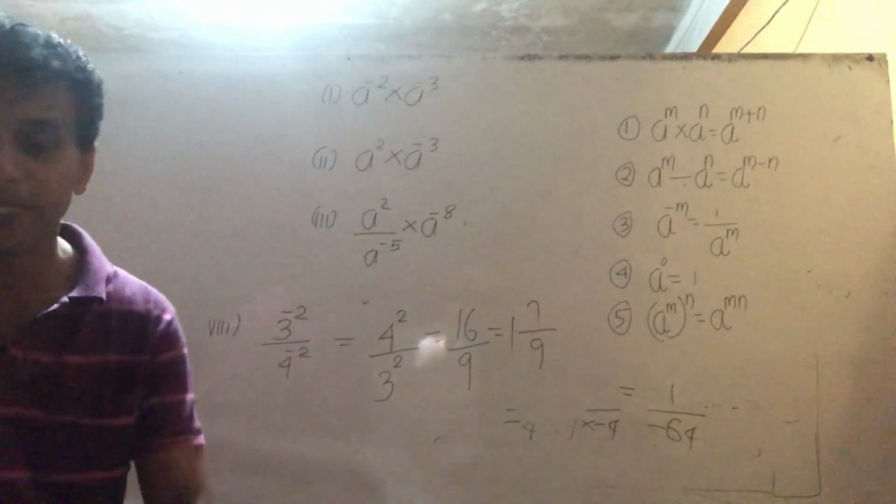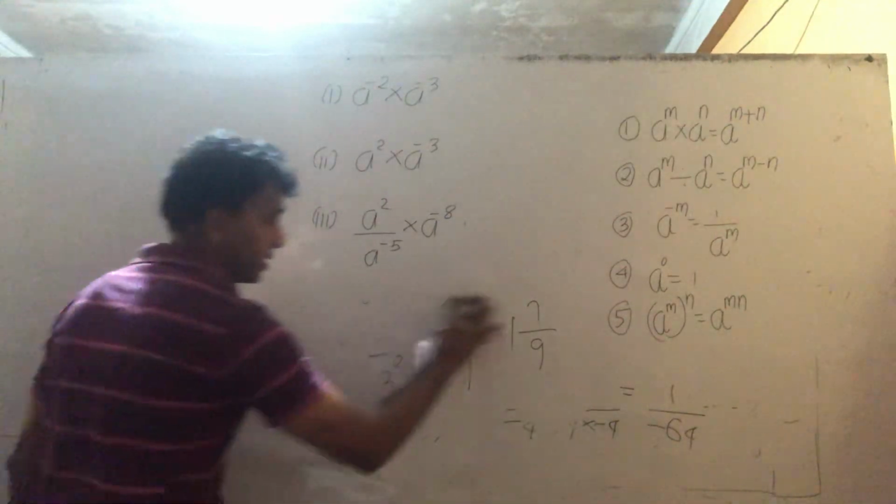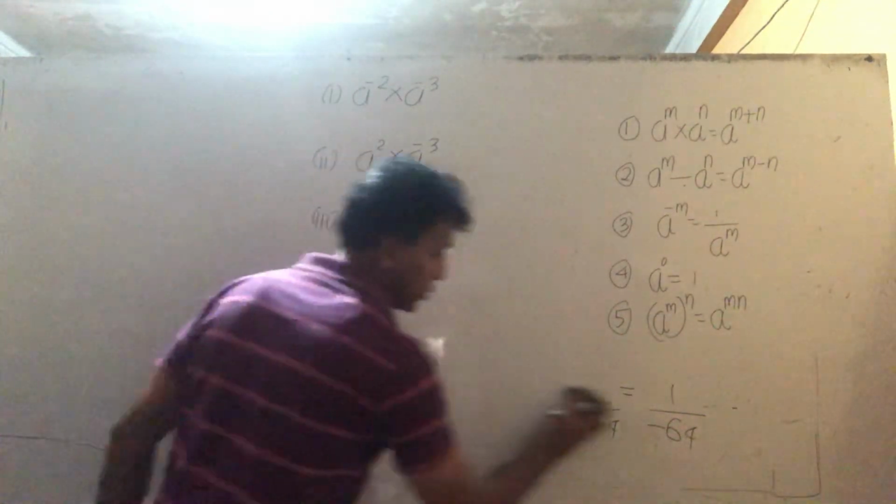Simplify and show the answer as positive integers. The main idea, remove the negative to positive.